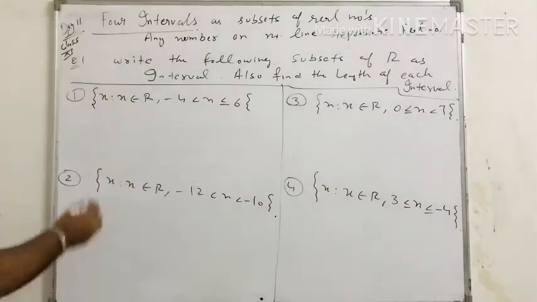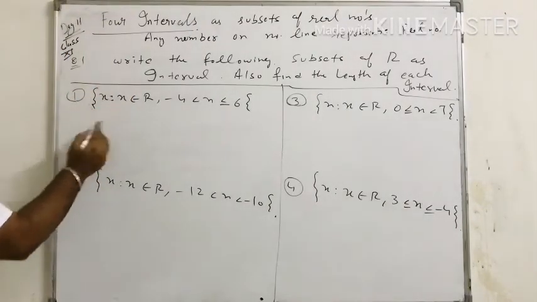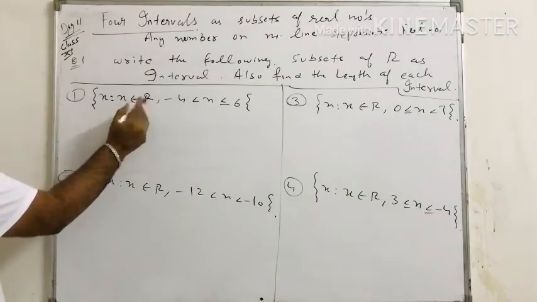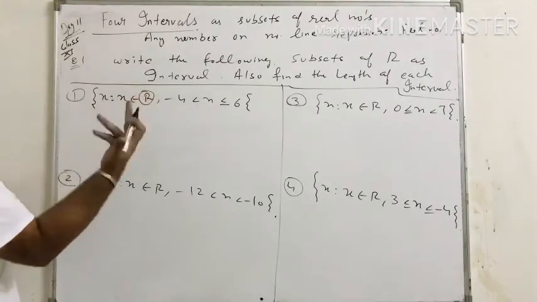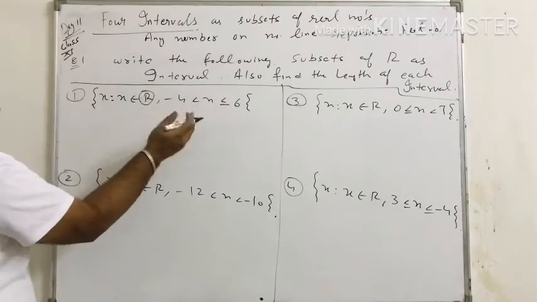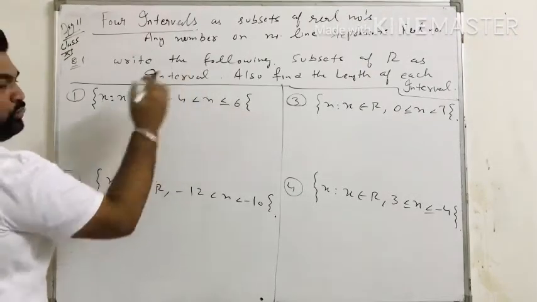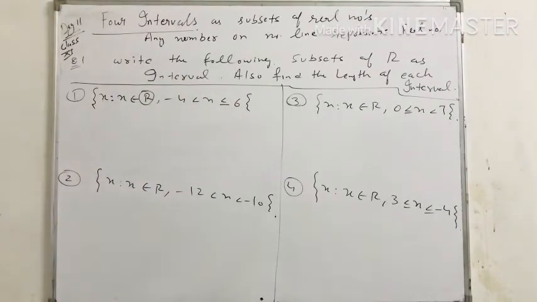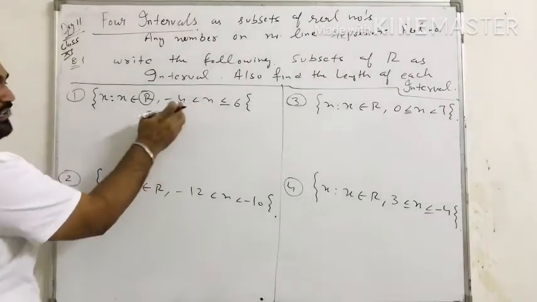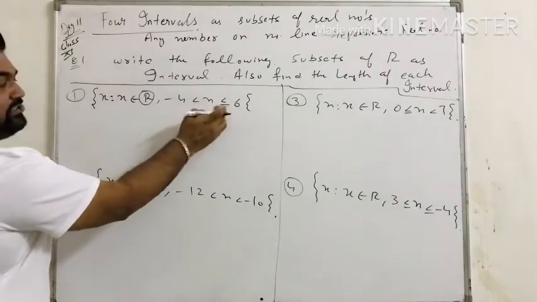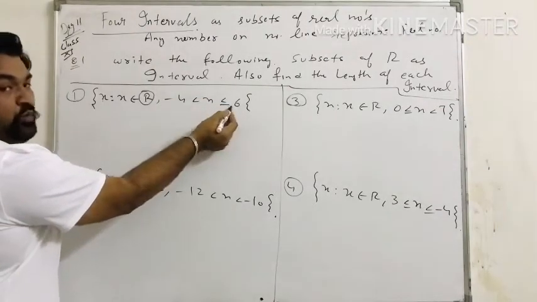Now the first question is x such that x belongs to R. What is R? Real numbers. Now the value of x is minus 4 to 6. Now we can say that x is greater than minus 4 and x is less than or equal to 6.